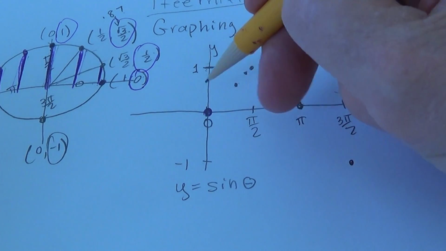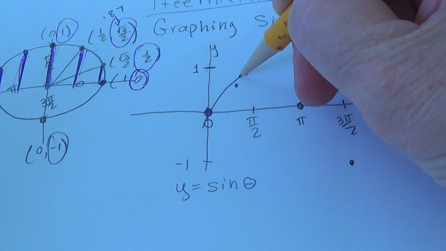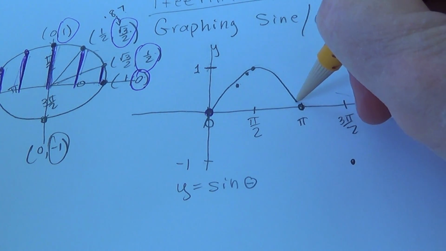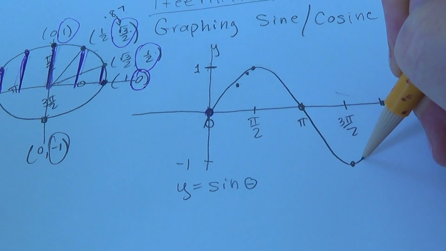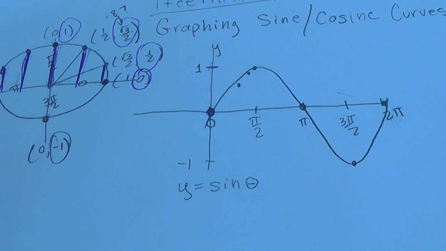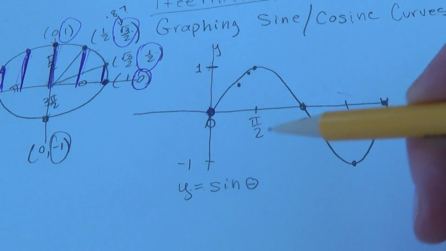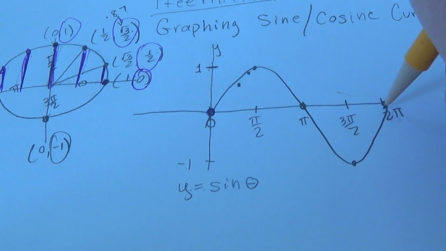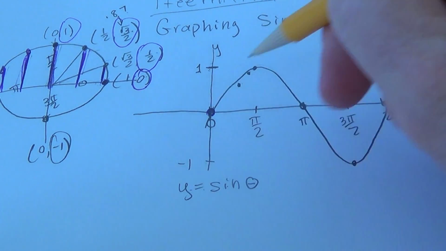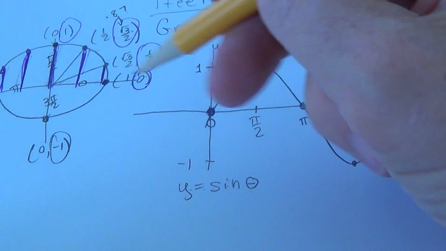So you see this rhythmic rise and fall and rise again. And that's the typical sine curve, and we call it y equals sine of theta. It doesn't really start and end at this point, because we could go around again, or we could go in the negative direction.